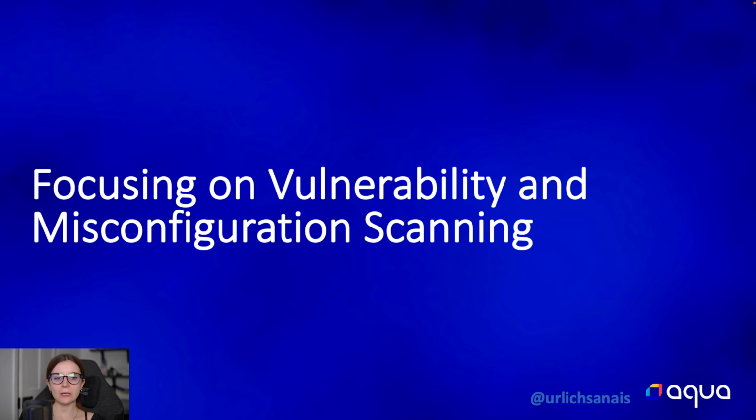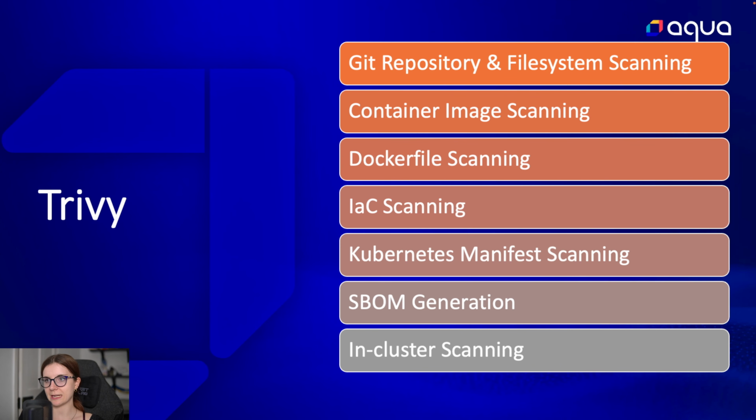Now, we're going to focus in the next demo on vulnerability and misconfiguration scanning with Trivy, just because Trivy is the one that I know best. Here are some of the features of Trivy. You can scan Git repositories, file systems, such as any file system, if you're developing a Go application or Rust application, it can scan that for vulnerability and misconfiguration issues as well.